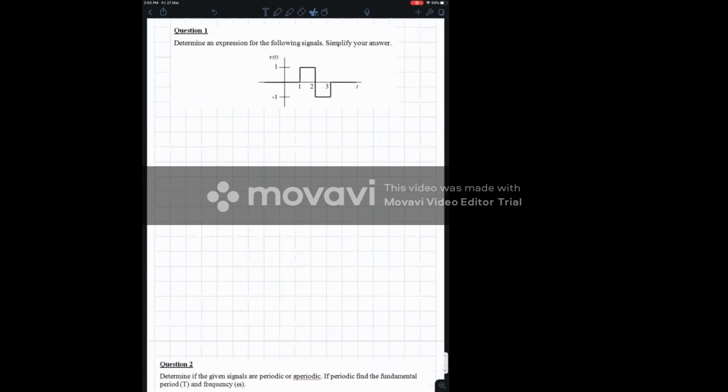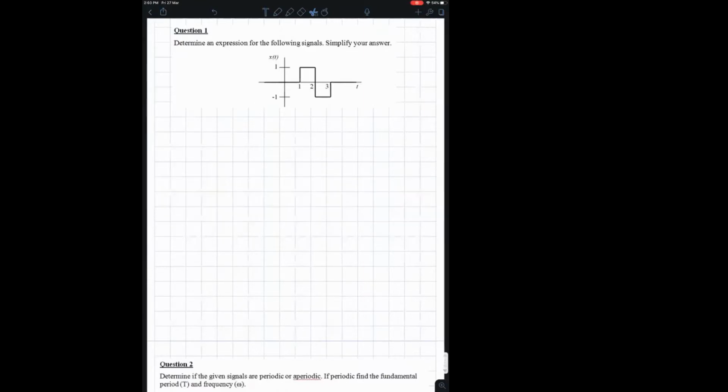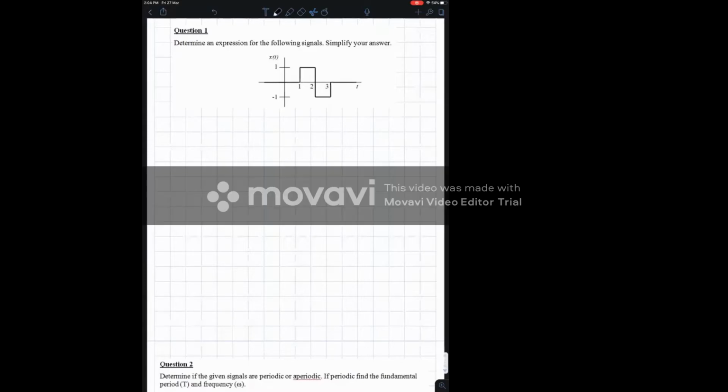The first question is: determine an expression for the following signal. Simplify your answer. In order to write an expression for this signal, you can break it up into two pieces.